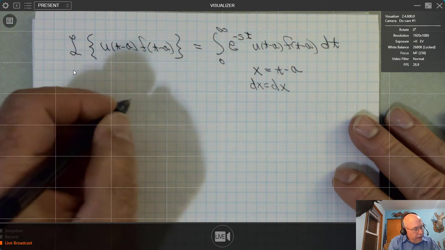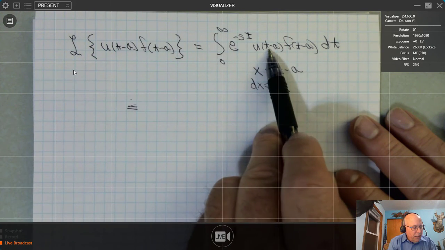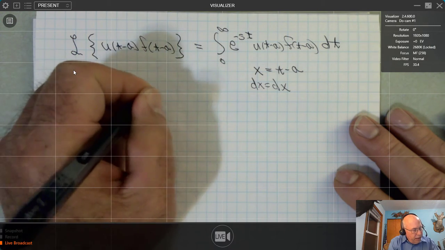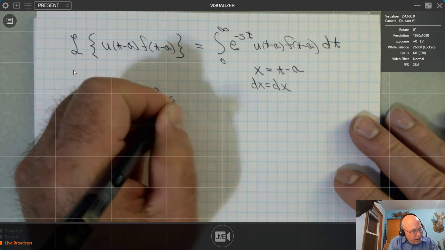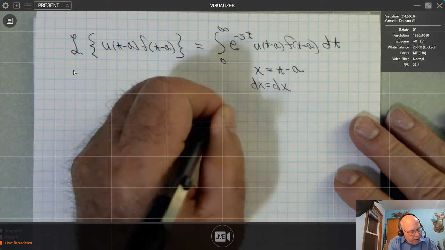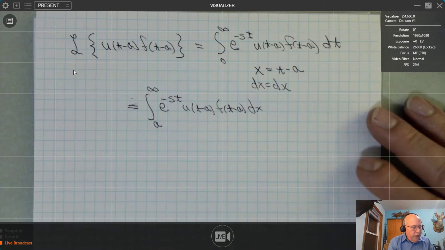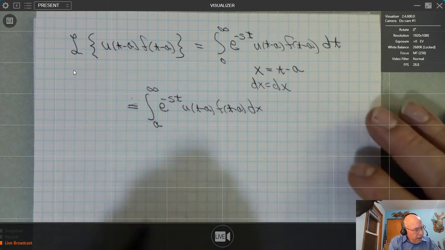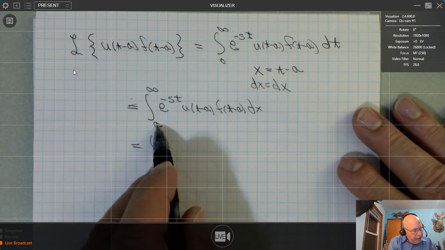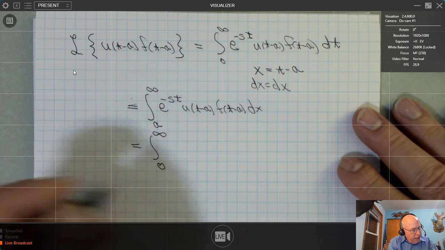So the first step is to say, well, this thing is just equal to 0 until you get to a, so you may as well start your integration at a. And then you apply this substitution here and say, okay, we're going to switch over to x. When t is equal to a, x is equal to 0, and they both go to infinity together.